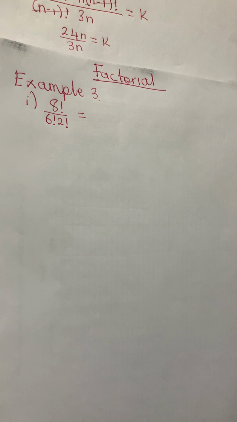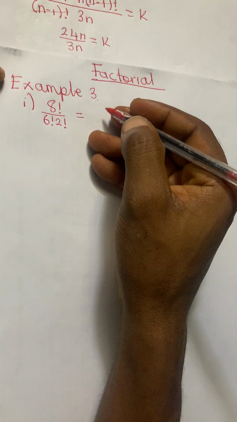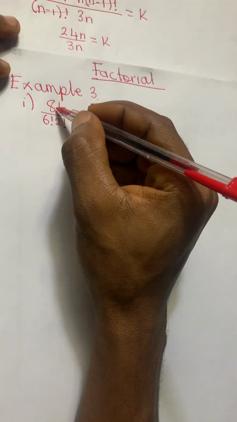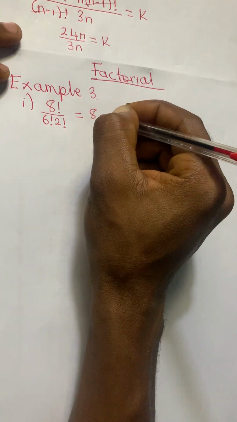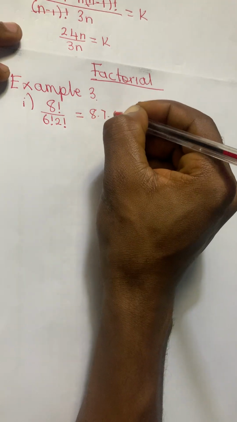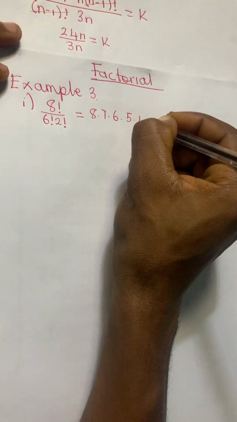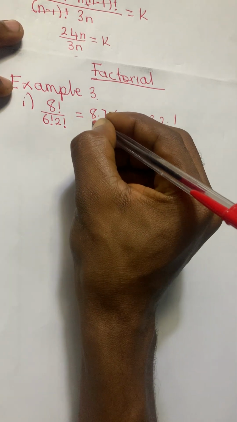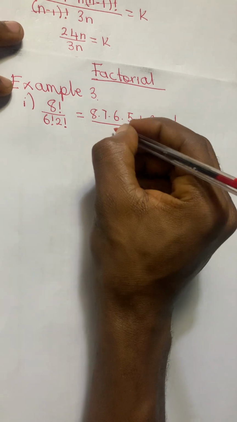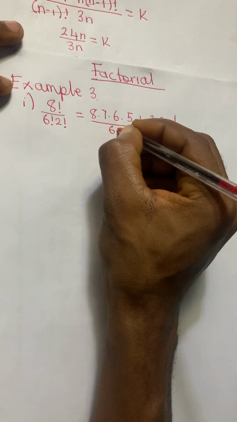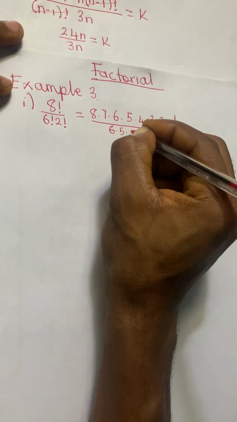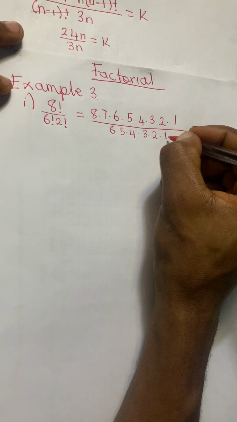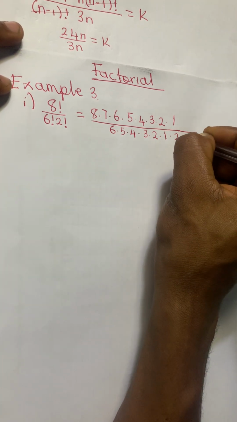From what we've learned, or from our concept we've already established, I'm going to solve this question in 2 ways. 8 factorial here will give us 8 multiplying 7 multiplying 6, 5 multiplying 4, multiplying 3, multiplying 2, multiplying 1, all over 6 factorial, which is 6 multiplying 5, 4, 3, 2, 1. Then the 2 factorial will give us 2 multiplying 1.